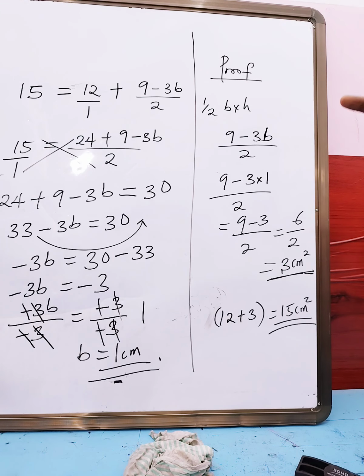This is exactly what we were given in the question. Assuming what we got here was not equal to 15, then b would not be correct as 1. But because we got 15 centimeters squared, we are correct. Thank you so much.